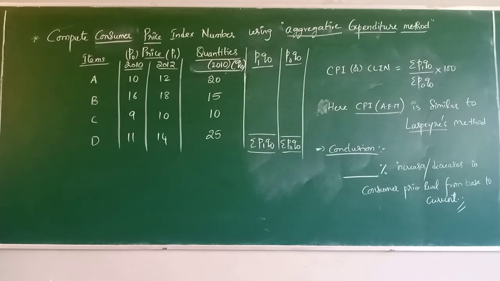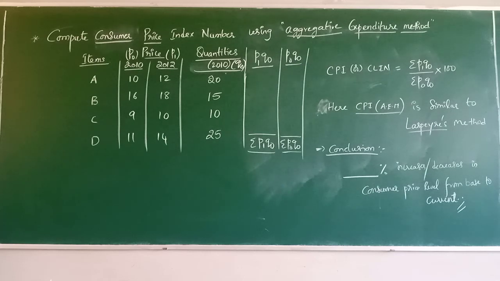Remember, just have a look once again at the problem, everybody. Consumer price index is nothing but cost of living index, both are one and the same. Using the aggregative expenditure method, clearly in the question they have mentioned it is an aggregative expenditure method. So it is quite similar to the Laspeyres method, this cost of living index or consumer price index.